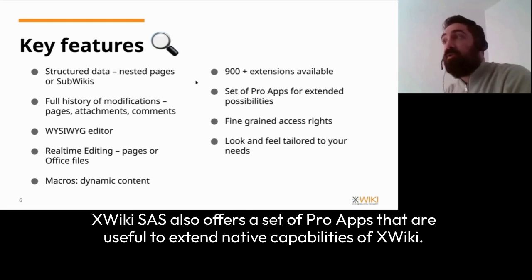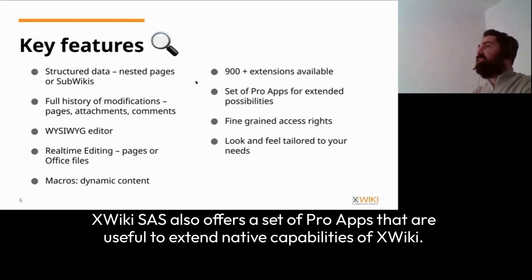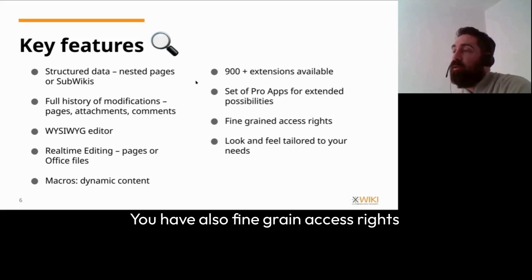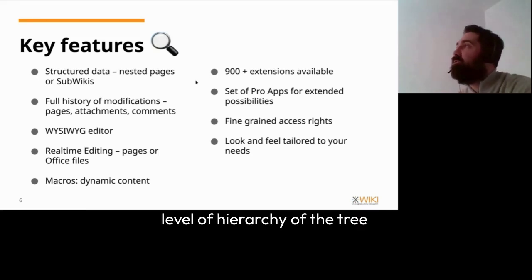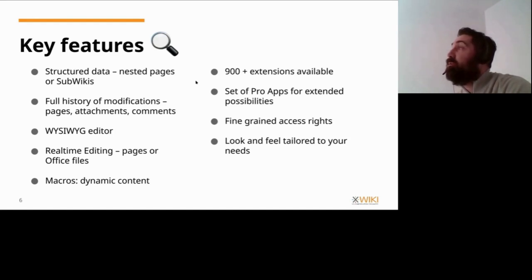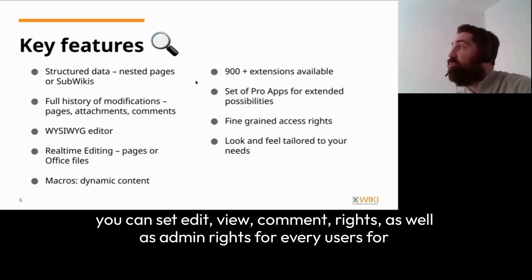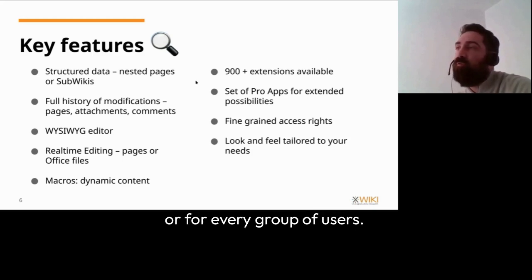XWiki also offers a set of pro-apps that are useful to extend native capabilities of XWiki. You also have fine-grained access rights management, meaning that you can set rights at every level of the hierarchy of the tree. You can set edit, view, comment rights, as well as admin rights for every user or for every group of users.